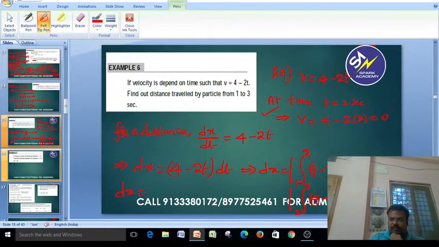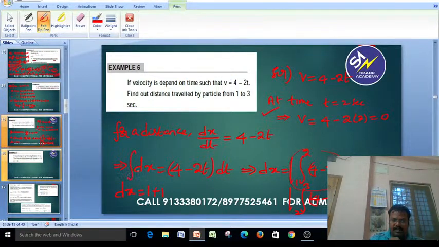So this entire part you will get 1. When you try to solve this one, integration of 4t you will get 4t minus 2t square divided by 2, that is minus t square, you will get here. When you try to substitute upper interval minus lower interval in this equation, you will get x is equal to 1 plus 1.